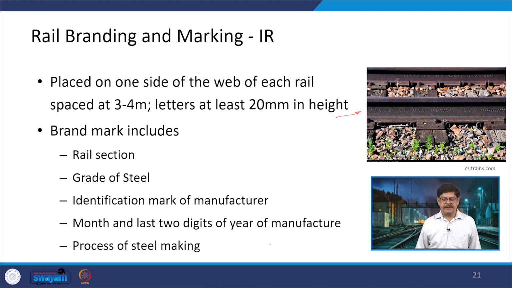A brand mark includes the rail section, the grade of the steel, the identification mark of the manufacturer, the month and the last 2 digits of the year of manufacture, and the process of steel making. These are the things which are going to be there in a sequential manner.